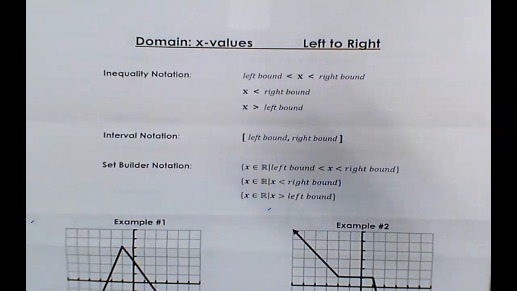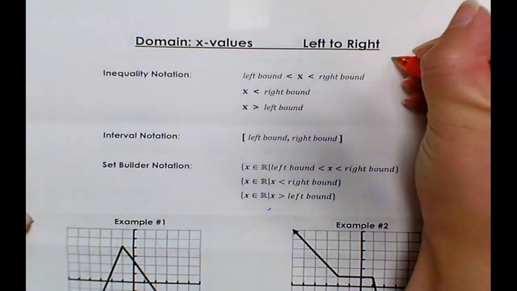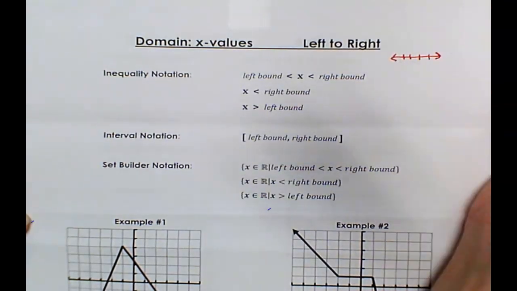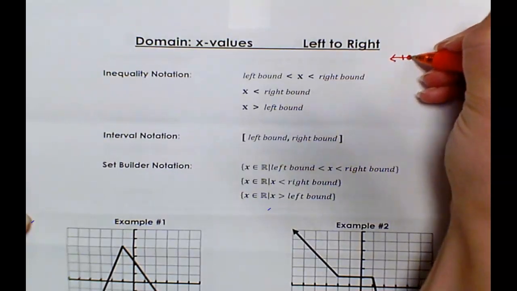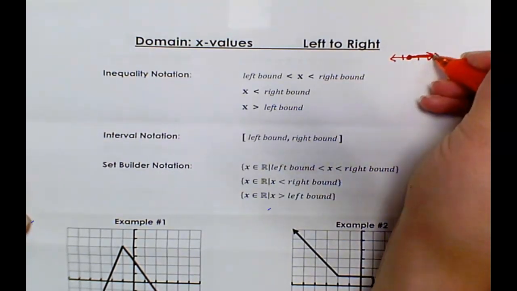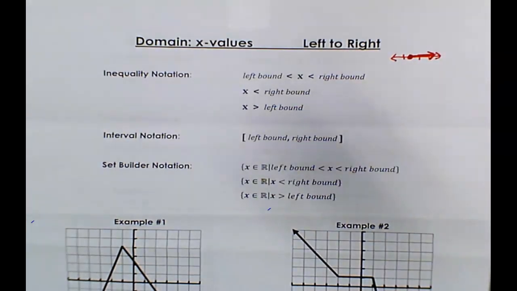Now the difference today is that instead of having a straight number line, and instead of having a point that's shaded or open and then shading to one side, today we're going to have two-dimensional graphs. So we're going to have x values, we're going to have y values, we're going to have the graphs go side to side and up and down.